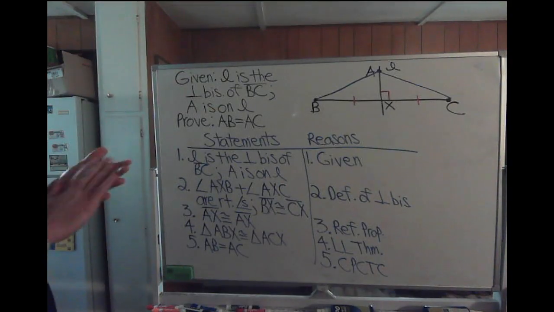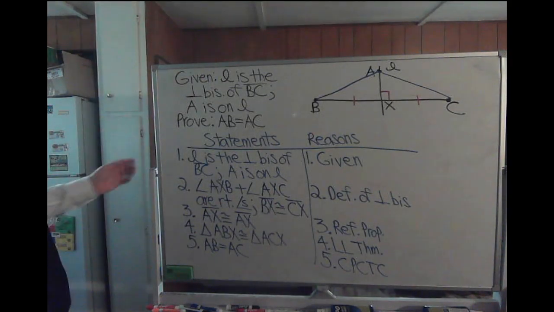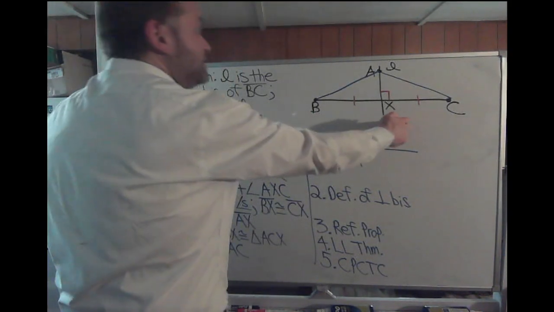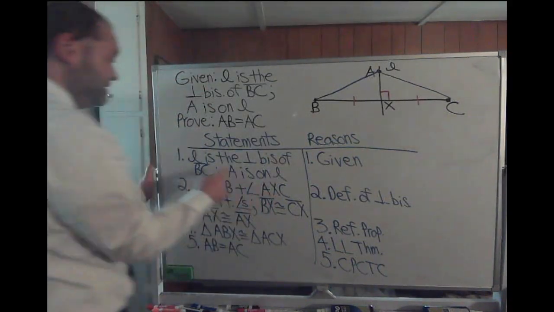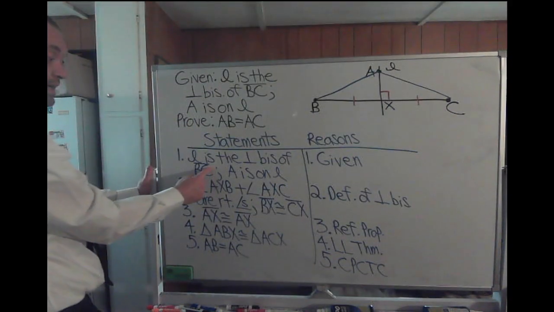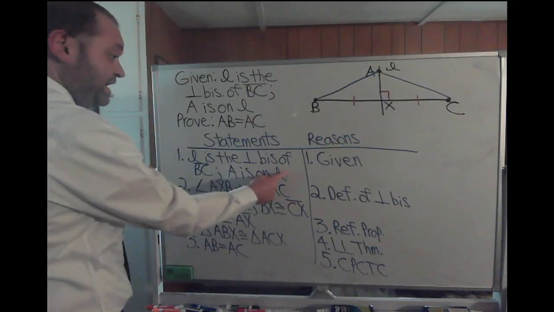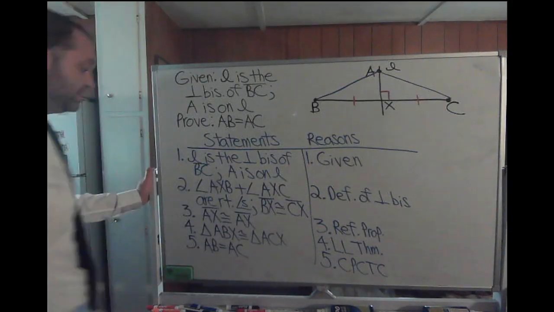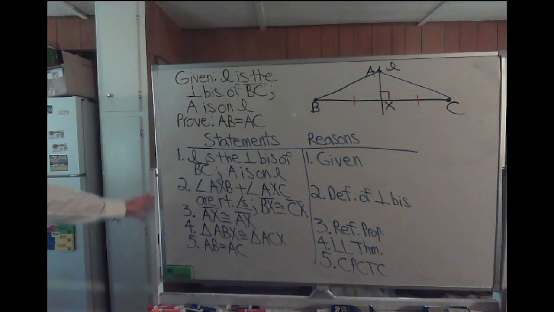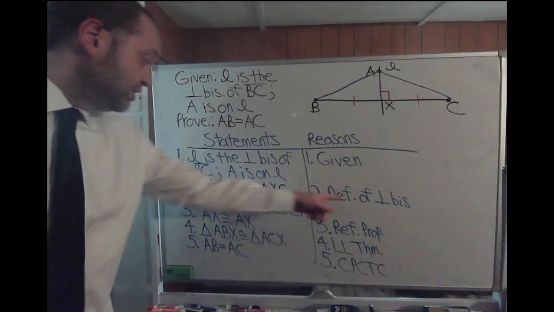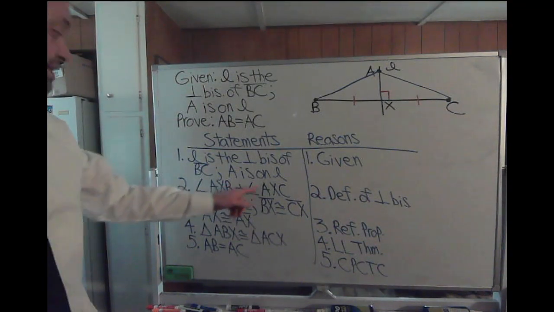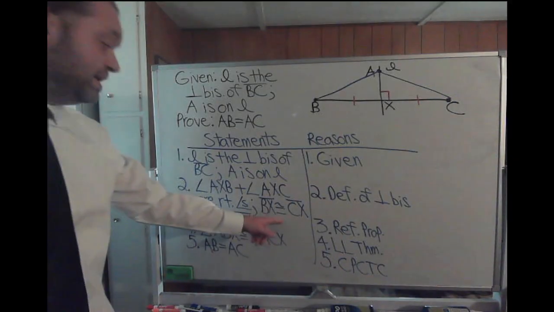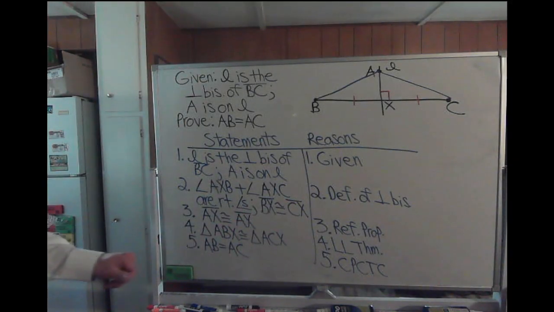So let's go through this proof again. We were given line segment BC with line L as the perpendicular bisector to BC, which was part of our given information, and we have that A is on L. That was given to us. And then based on the definition of perpendicular bisector, we can conclude that angles AXB and AXC are right angles, and that BX is congruent to CX.